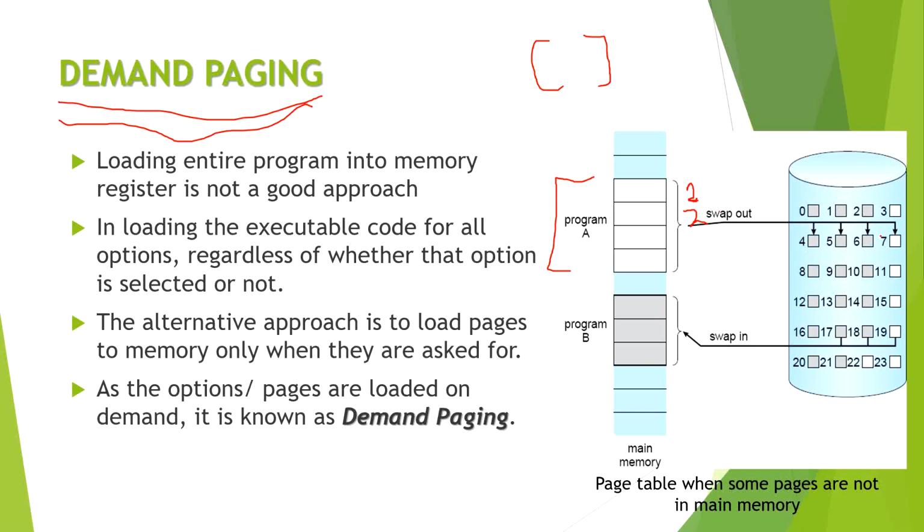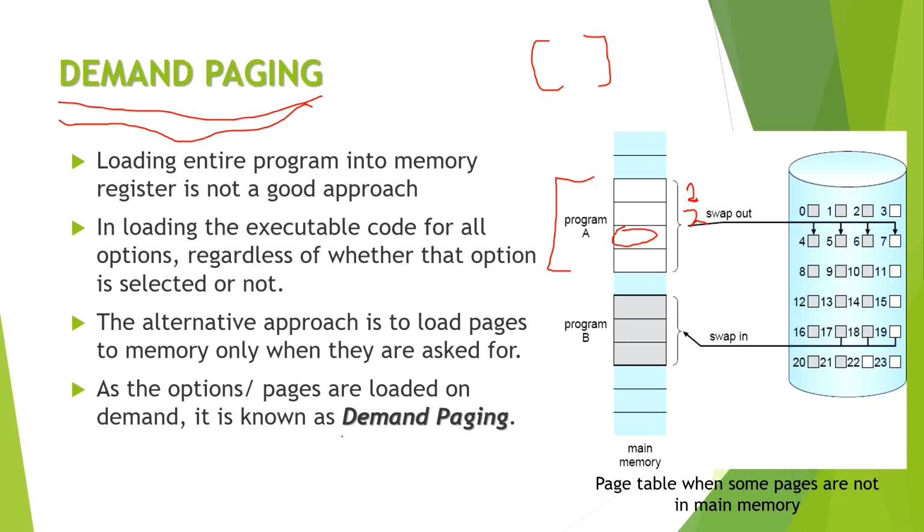And when we are getting that page from the backing store, we have to deploy some page replacement algorithm. There are some pages which are already present in the physical memory, so we have to deploy some replacement algorithm to replace these pages with the incoming pages. These are the things we are going to discuss in further videos.